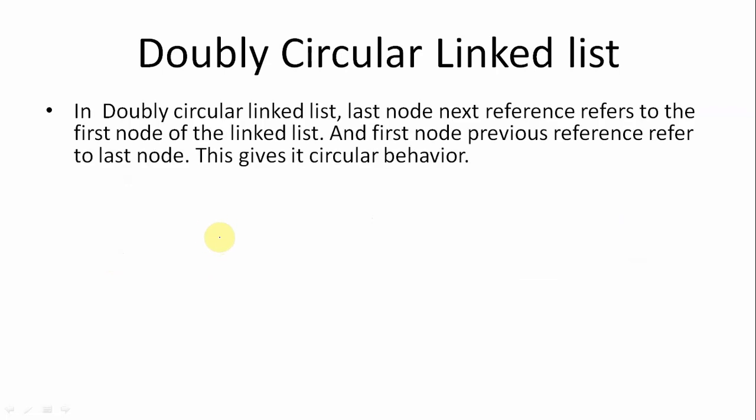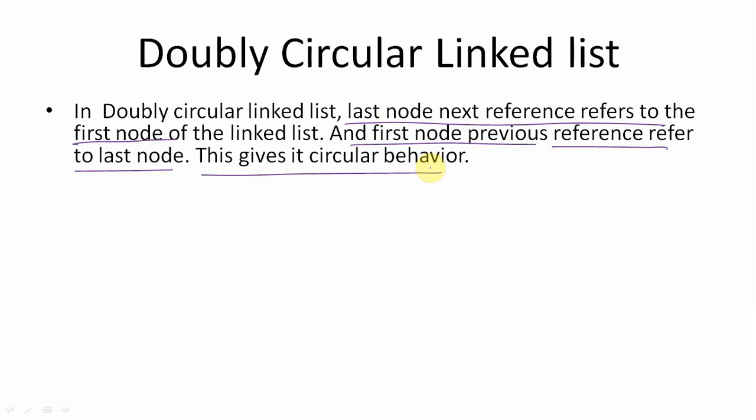So what happens in doubly circular then? In doubly circular linked list, last node's next reference refers to first node and first node's previous reference refers to the last node. So this particular thing gives the circular behavior to doubly linked list.